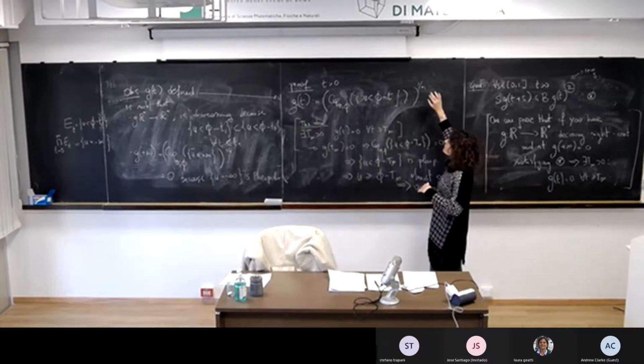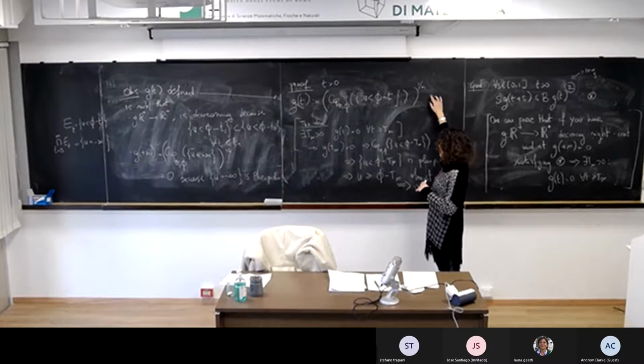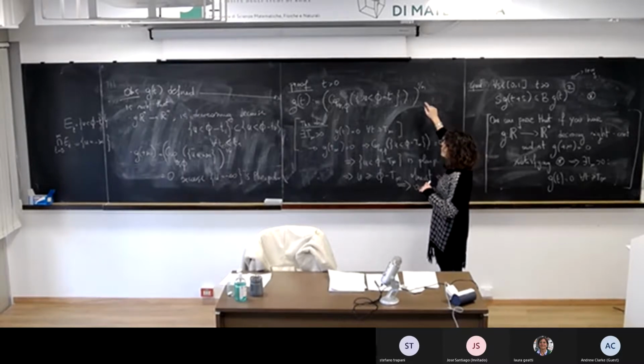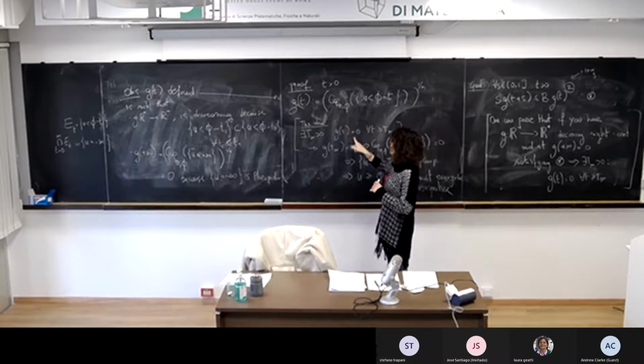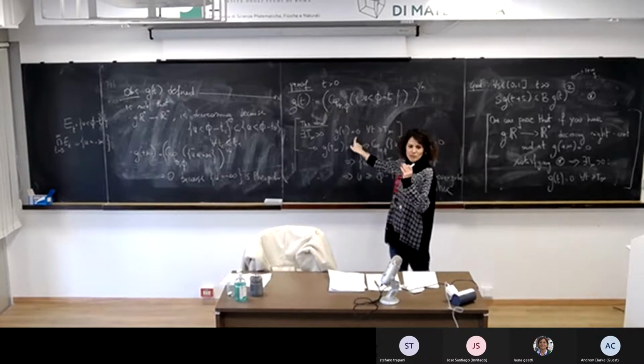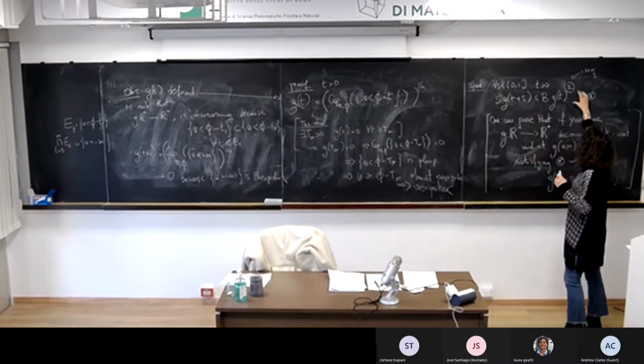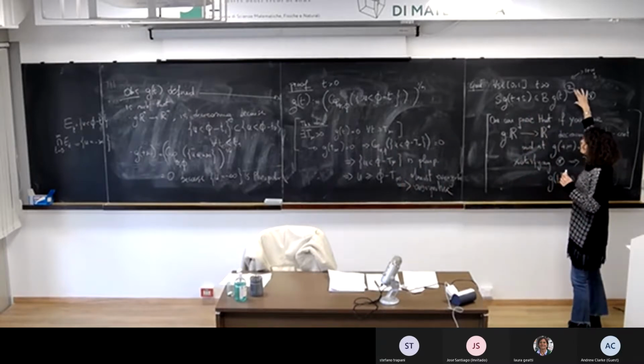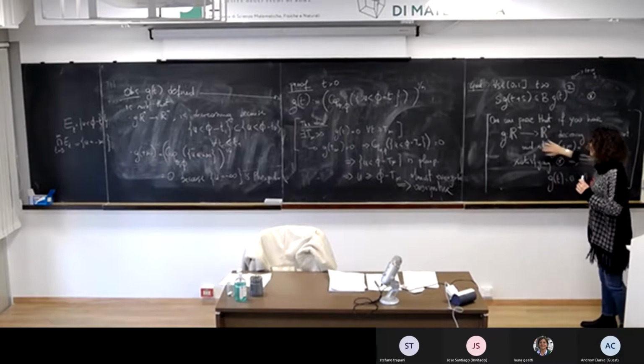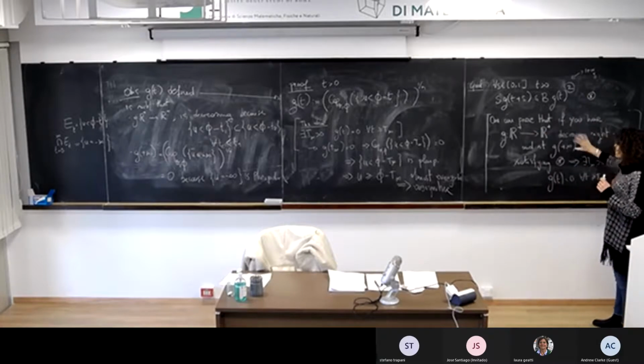We said that I hope I convinced you that we need to prove that this function is going to vanish after some time. Then I told you that the goal is to prove this inequality for that particular function, because for a general function in F plus, this is what is true.